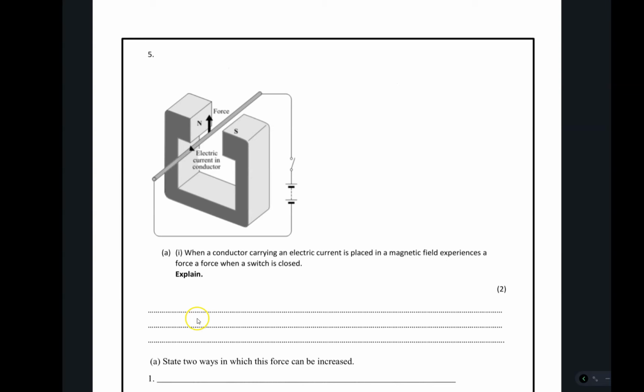One of the facts that you need to remember: when current is flowing through a conductor, magnetic fields are created around the conductor due to the flow of current. And these magnetic fields that are created interact with the magnetic fields of the permanent magnet. So we are having two sets of fields acting there.